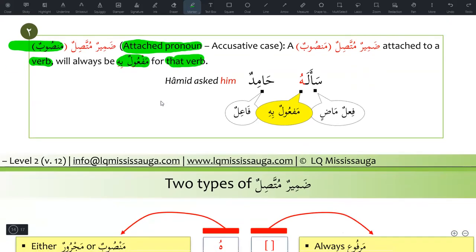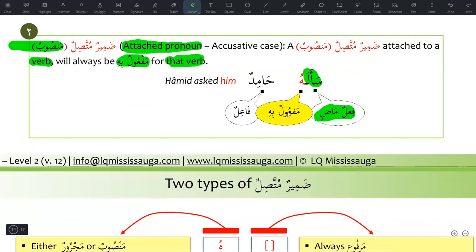Like here, sa'alahu Hamidun. Hamid asked him. This is "hu." Sa'ala, only sa'ala, not "hu." Sa'ala is the verb, fi'lun madin.